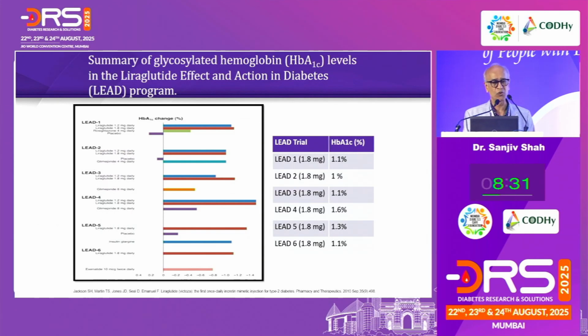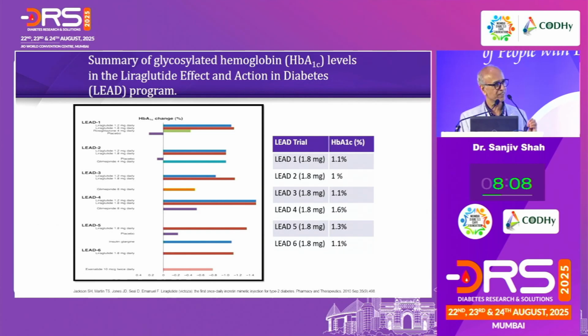Look at the LEAD program, 6 different trials, with baseline between 8 and 8.8. At a modestly higher A1C, it could still reduce HbA1c by up to 1.6%, many times around 1.2 to 1.3%. So this is the maximum you might achieve.